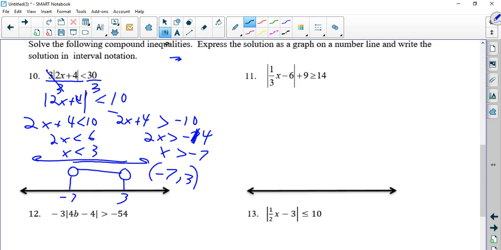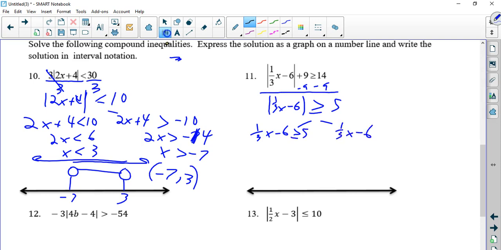Number 11, subtract 9. Get it by itself. 1/3 x minus 6 is greater than or equal to 5. Now I'm going to write it twice. 1/3 x minus 6 greater than or equal to 5, and 1/3 x minus 6 is less than or equal to negative 5, because I effectively multiply the right side by a negative 1.